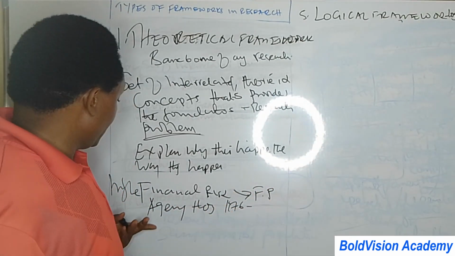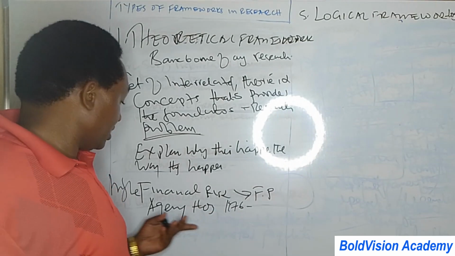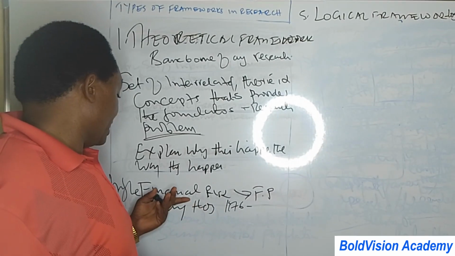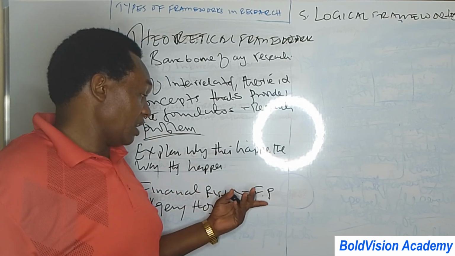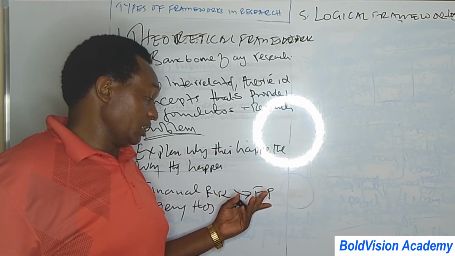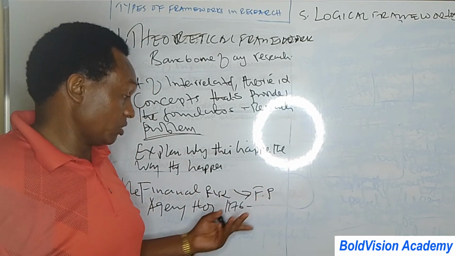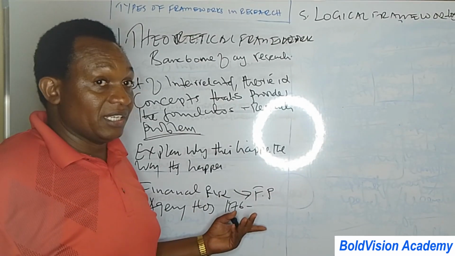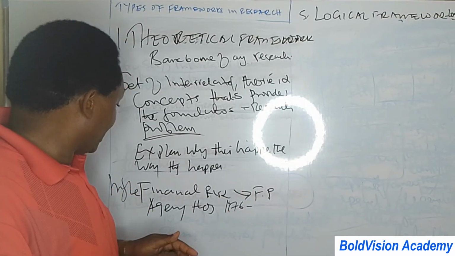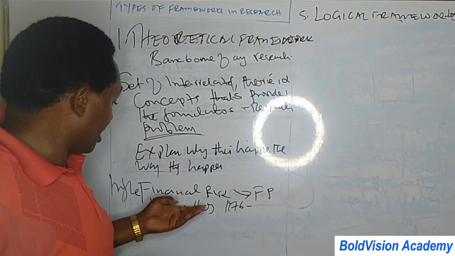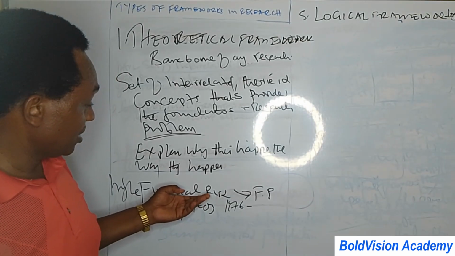According to this theory, management can take any type of risk that will either increase or reduce the financial performance, and therefore that forms a foundation of why we need to study how this risk will affect the financial performance.